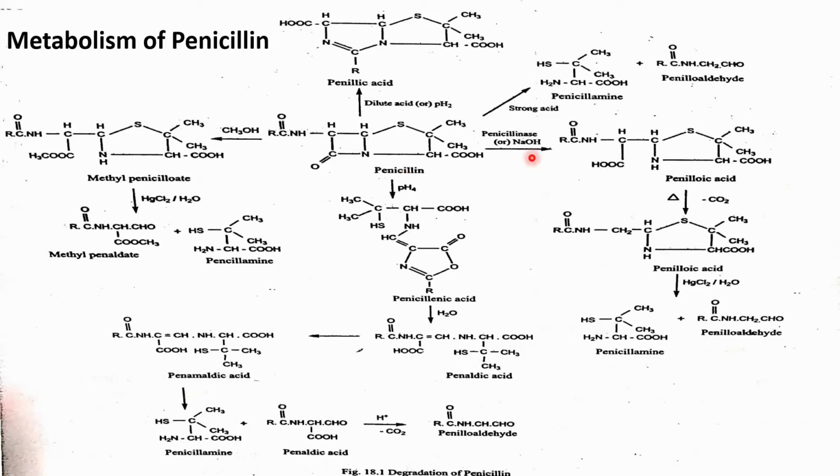Here you can see penicillin is converted into penilloic acid, penicillamine, penilaldehyde, penicillinic acid, penaldic acid, and penicillate. So in different media, and in the presence of enzymes and different chemicals, penicillin will break into different derivatives.